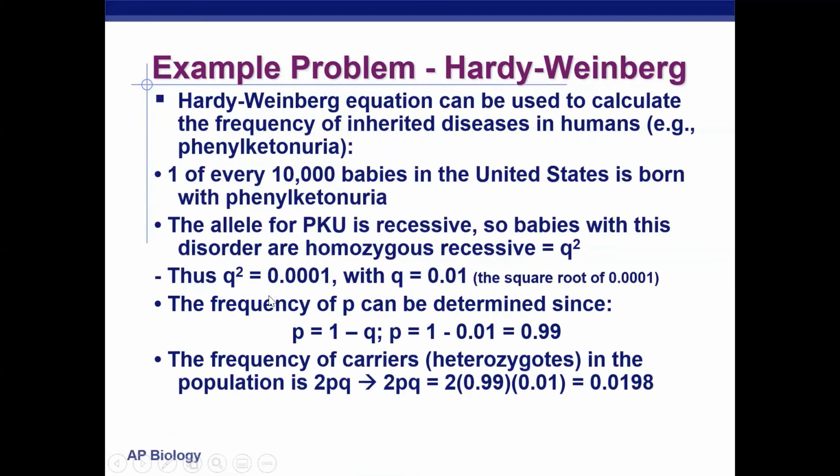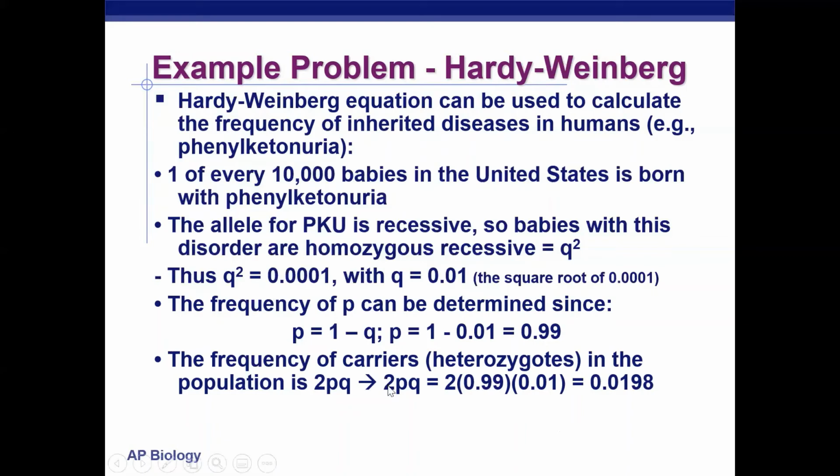Now, let's say we wanted to find out what part of the population are carriers of PKU? They don't have it, they just carry it. In other words, they're heterozygotes. Well, we know that in our equation, p squared plus 2pq plus q squared equals 1. Remember, those that are 2pq, those are heterozygous. So we have p and q.